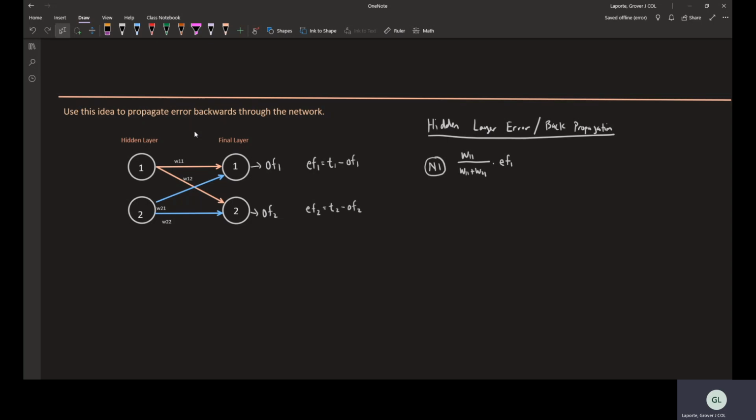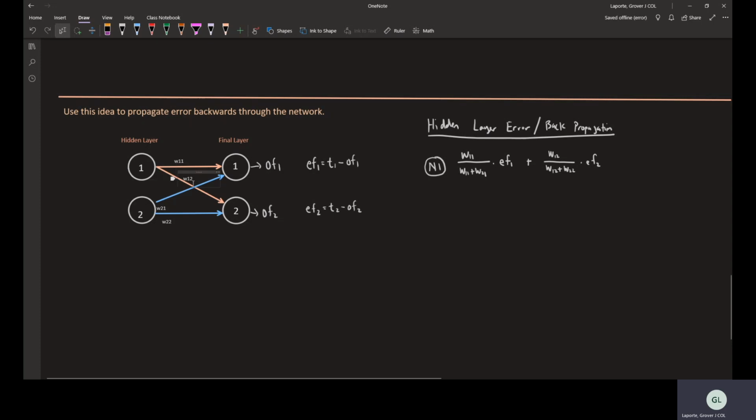And then plus, because it's got another arc coming out of it, W12 over W12 plus W22, times EF2. Now let's look at this node down here.